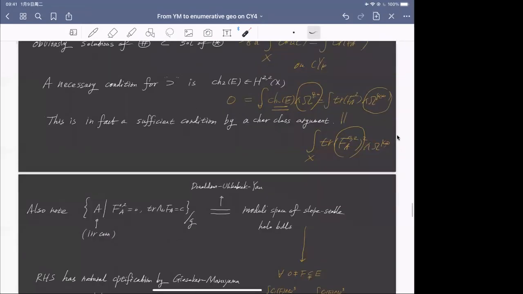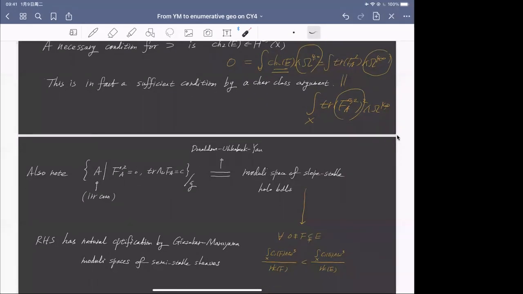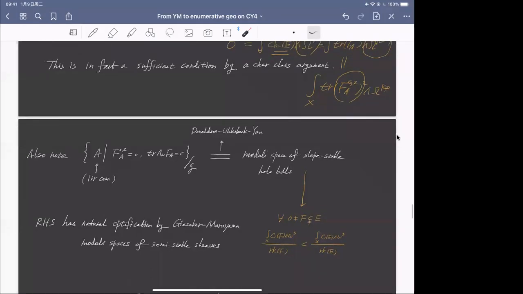So then we also need to note the following deep theorem by Donaldson, Uhlenbeck, and Yau, which says that the moduli space of solutions of the holomorphic Hermitian-Yang-Mills equation is the same as the moduli space of slope-stable holomorphic bundles.